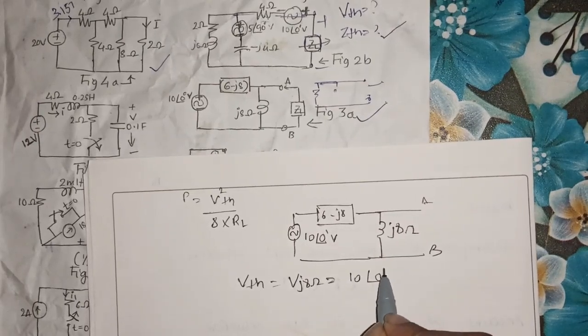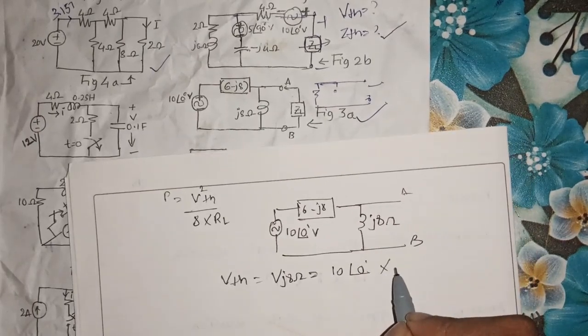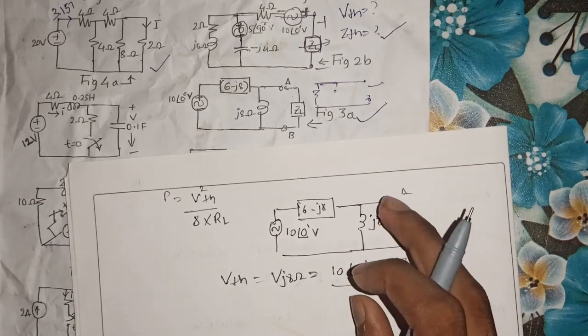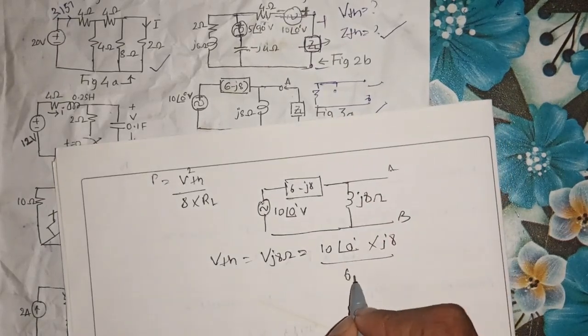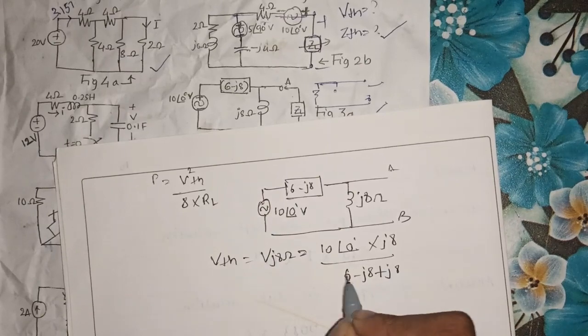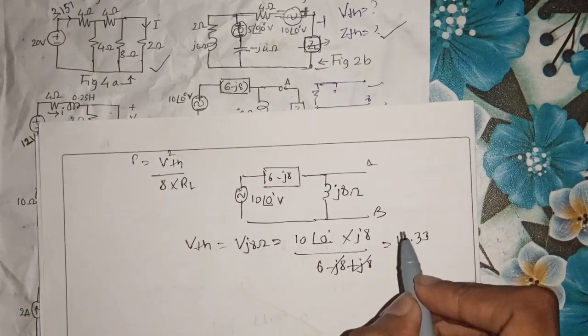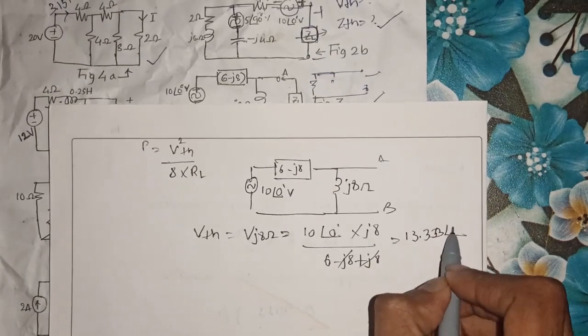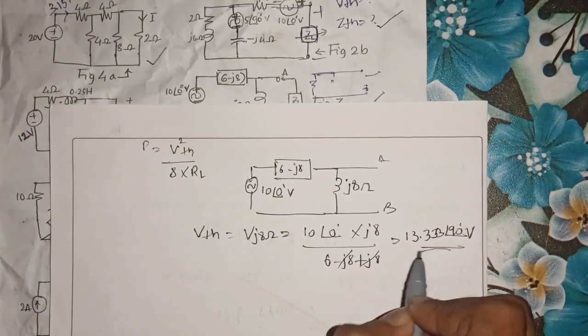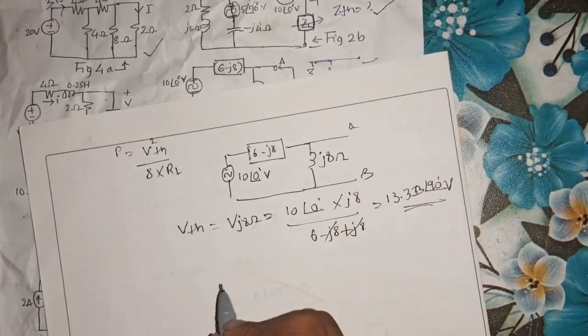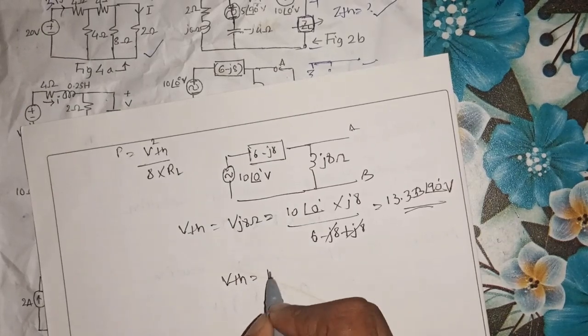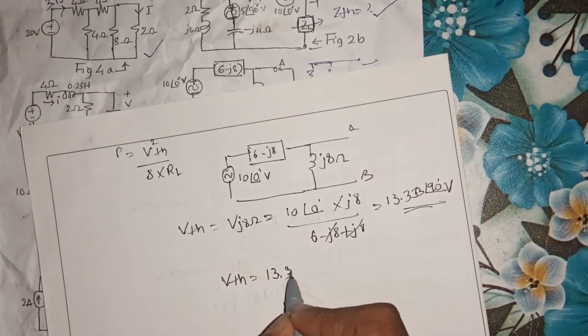You get 10 at an angle 0 multiplied by J8, divided by 6 minus J8 plus J8, which gives a value equal to 13.333 at an angle 90 degree volts, which is the value of VTH. So we have calculated the value of VTH.